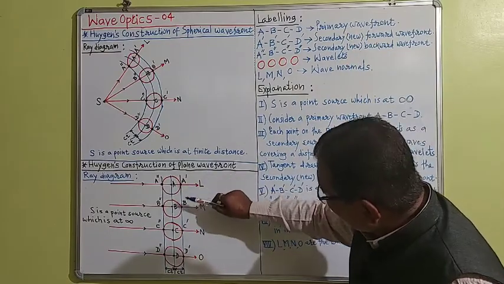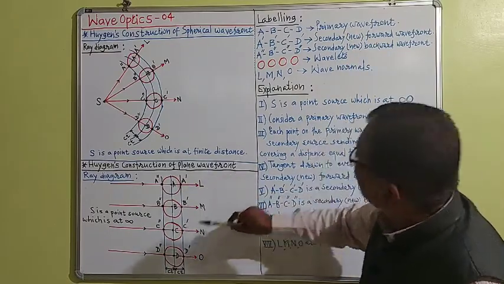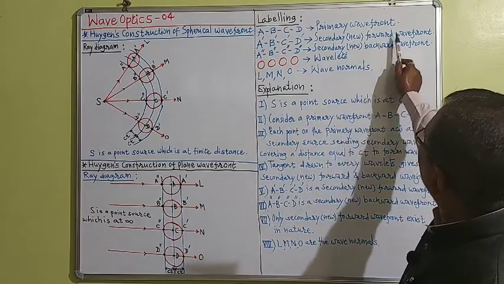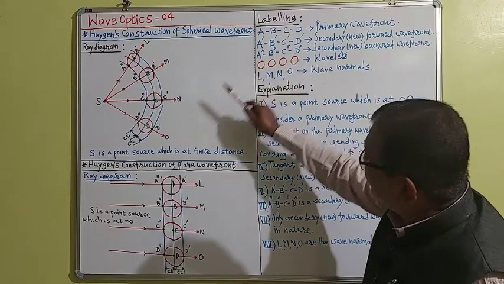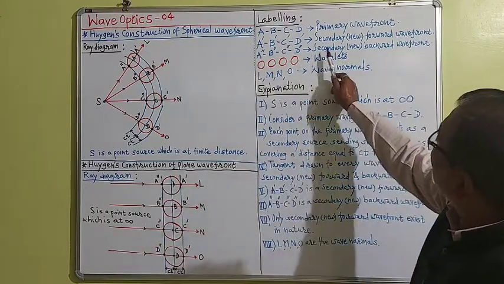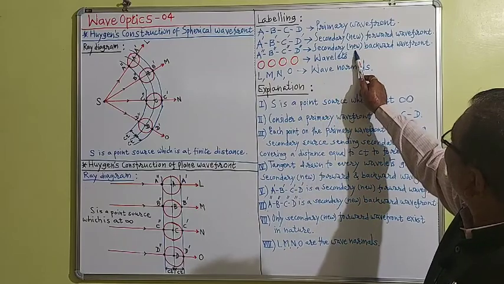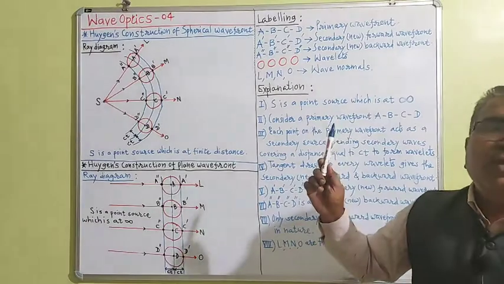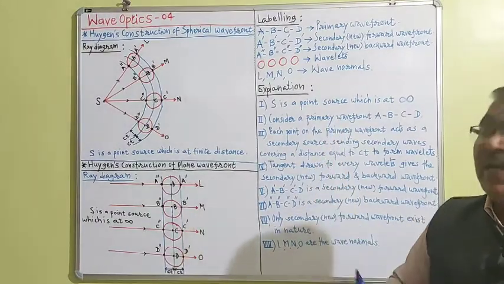A dash, B dash, C dash, D dash is what? Secondary (new) forward plane wavefront. A double dash, B double dash, C double dash, D double dash is what? Secondary (new) backward plane wavefront. Only we have to use the word plane wavefront.